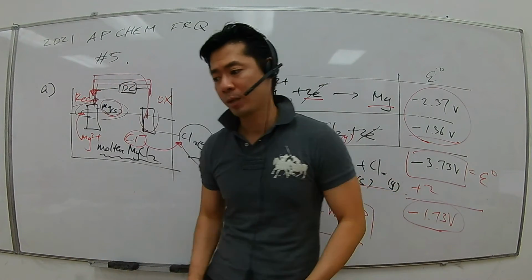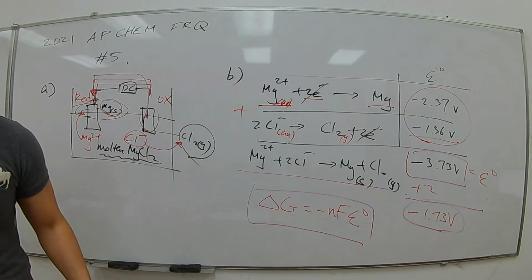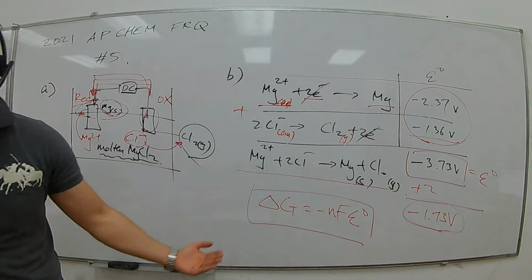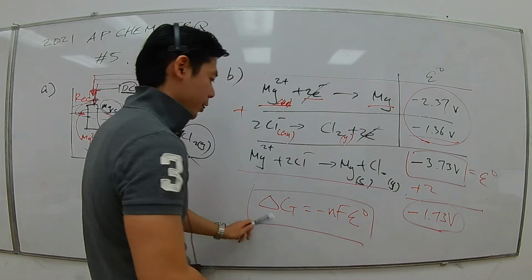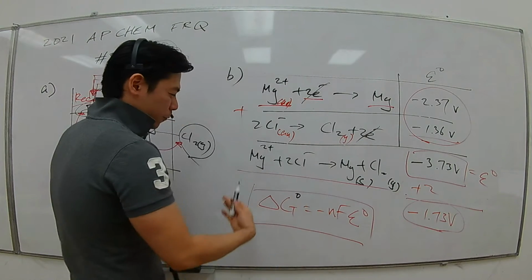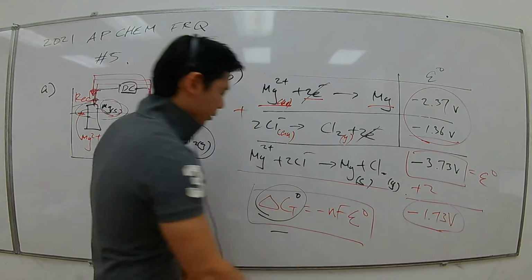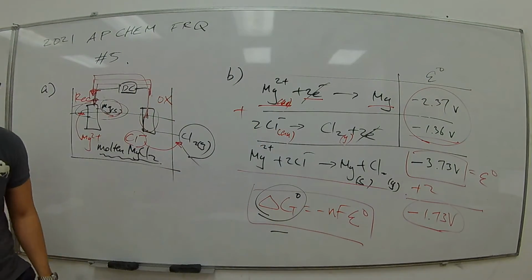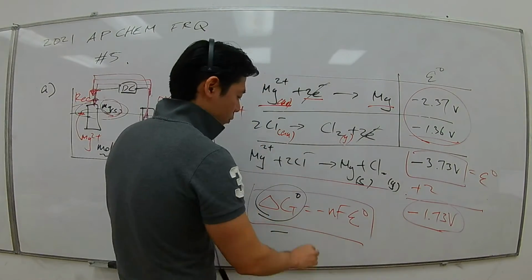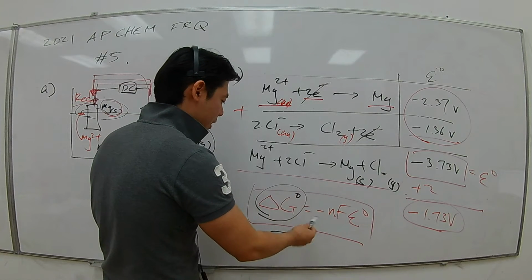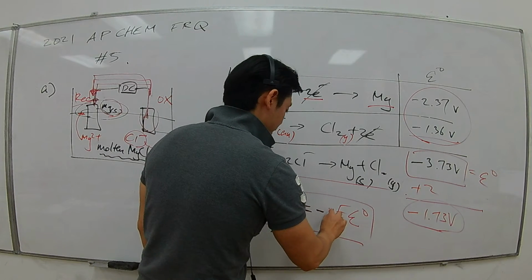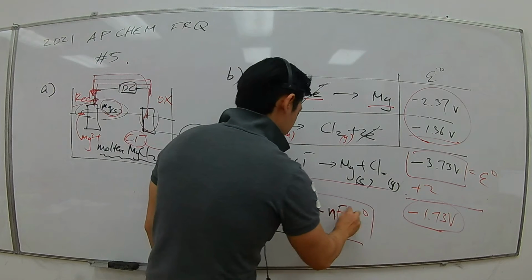I don't think so, because this has to do with the spontaneity of the reaction. Based on the equation that I put here, in order for the reaction to be spontaneous, delta G at standard state must be a negative value. Delta G at standard state is equal to negative n, the number of moles of electrons transferred, times Faraday's constant, times the voltage value.